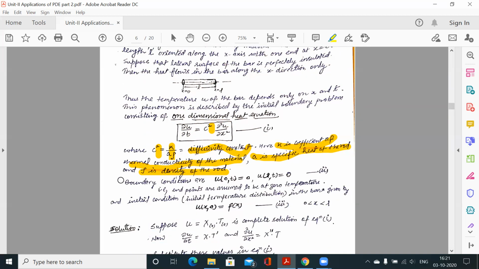So now the boundary conditions. This is the partial differential equation, the one-dimensional heat equation. Now what are the boundary conditions? u(0,t) is equal to 0, u(L,t) is equal to 0. What is given to us is that the end points of the bar or the rod are assumed to be at zero temperature.